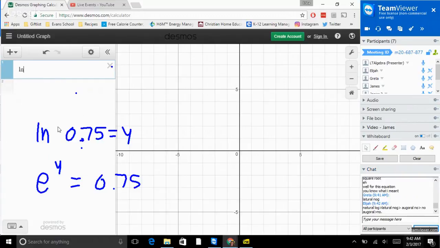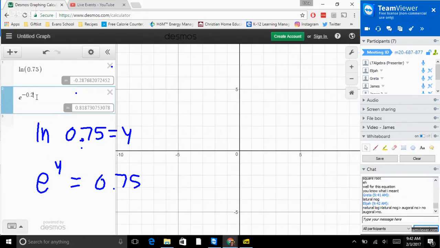What's the natural log of 0.75? Oh, it's negative. That's why I wasn't getting it. So if I do e to the negative 0.28768 power, the inverse of that, I get 0.75, close enough.